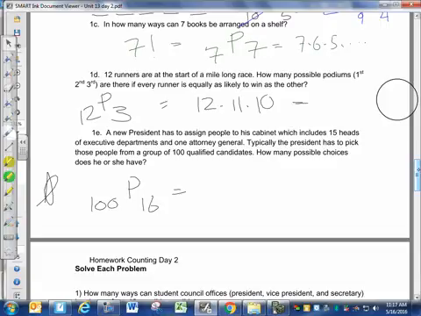Oh, it's the 3 options. It's not 6. Half 1, half 2. 3 officers, yeah.